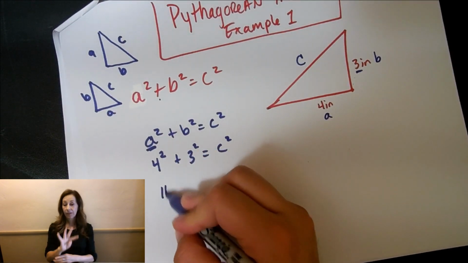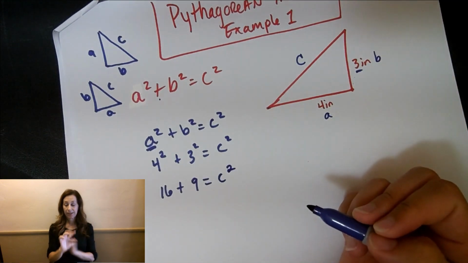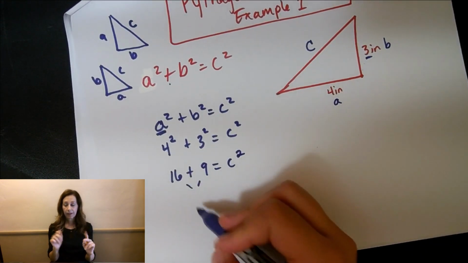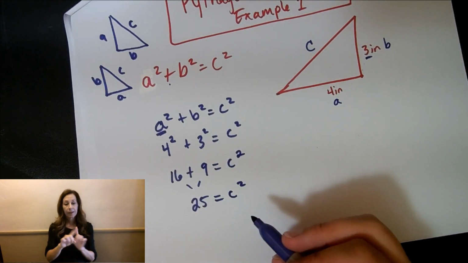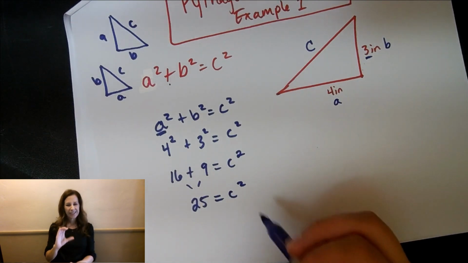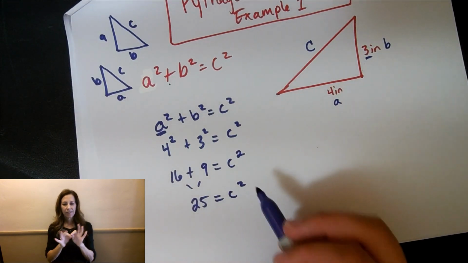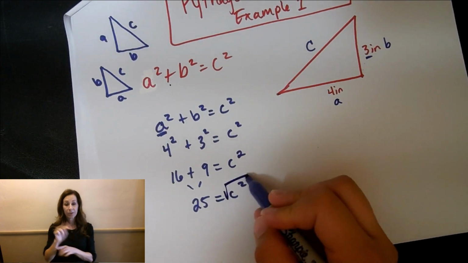Okay, so 4 squared is 16 plus 3 squared is 9 equals C squared. 16 plus 9 is 25 equals C squared. But 25 isn't C, 25 is C squared. So how do I get the value of C? Well, do the inverse of a square: square root.